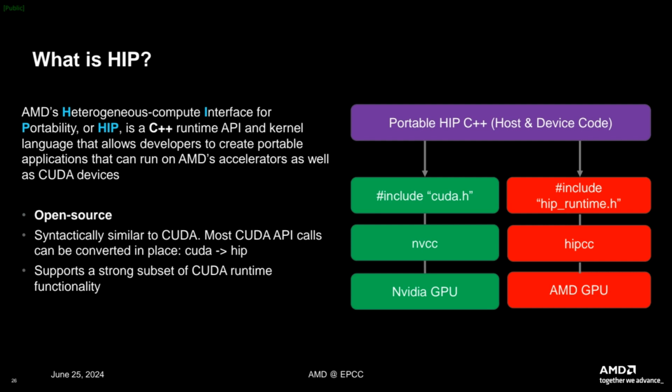And one of the main features of HIP, as it's already been said, is that it allows for great portability because you can just program in HIP, and even if you have NVIDIA devices, then your code will just work also on NVIDIA accelerators.